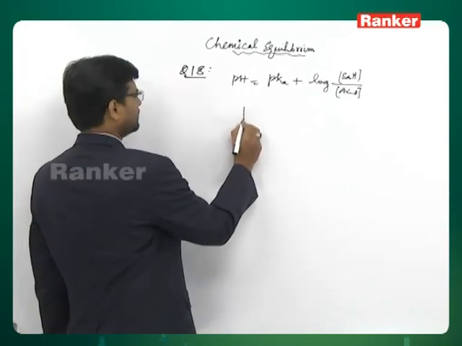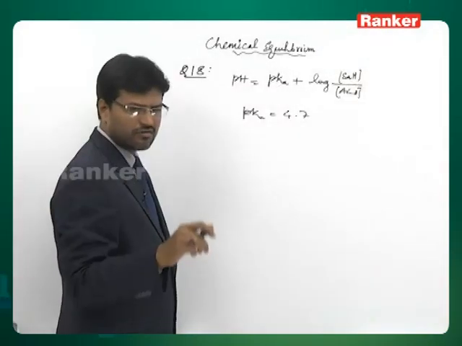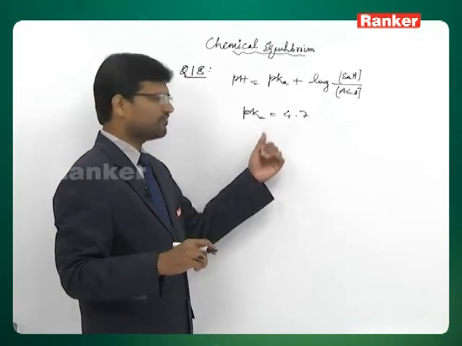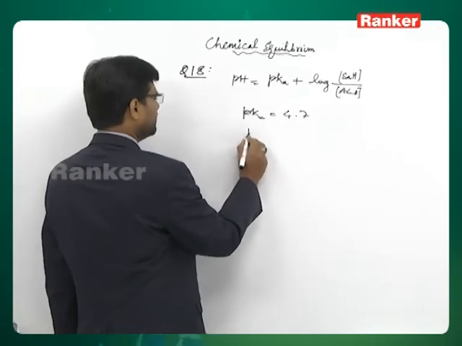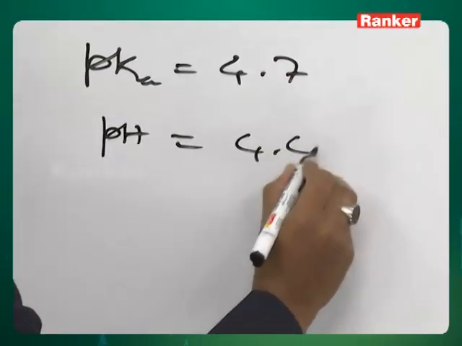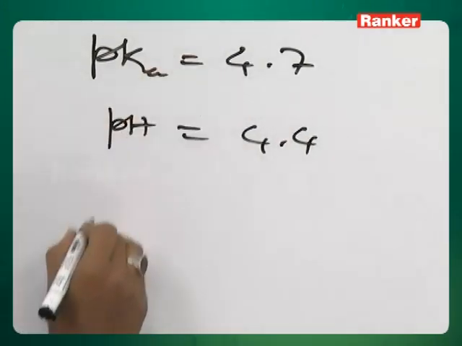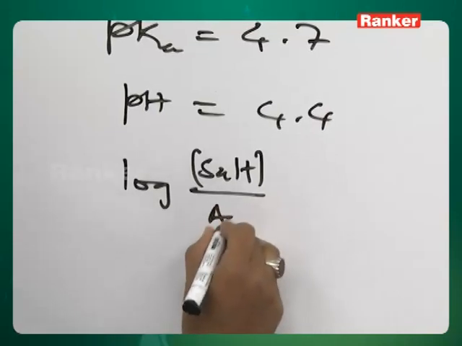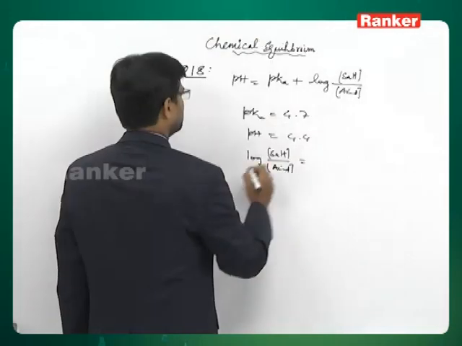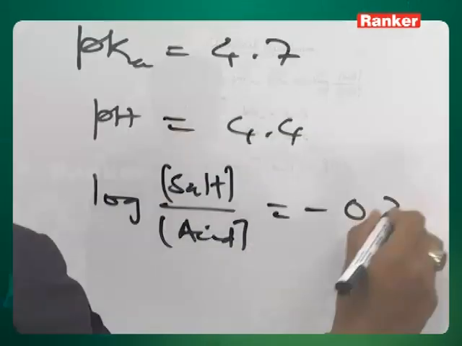Now, K value is given. So, pK is approximately 4.7. It is minus log of K gives pK, minus log of 1.83 into 10 raised to minus 5 comes to approximately 4.7, and pH is 4.4. So, you can say log of salt by acid is equal to pH minus pK, that comes to minus 0.3.